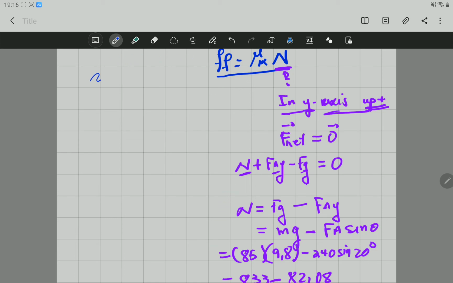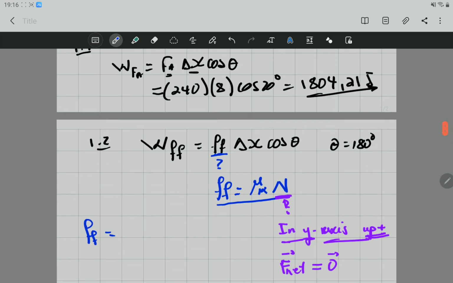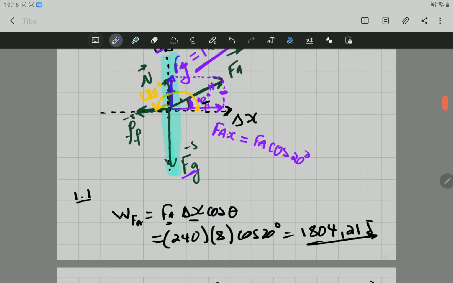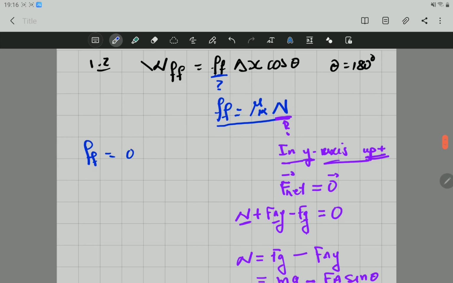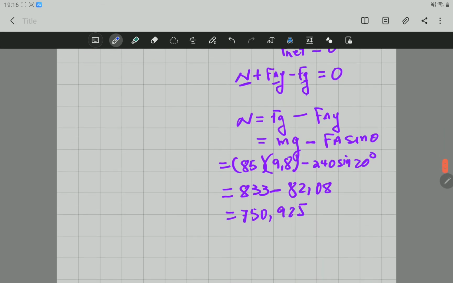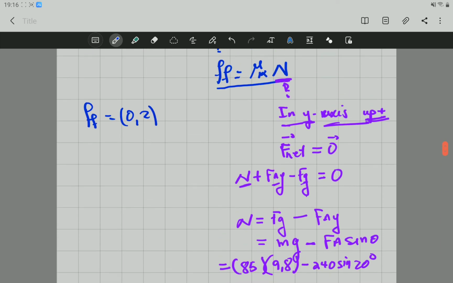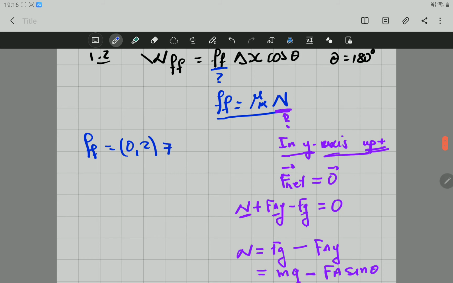So frictional force is equal to the kinetic coefficient of friction, which is 0.2, multiplied by the normal, which was calculated, 750.92.